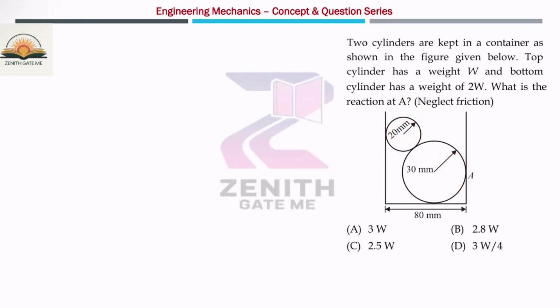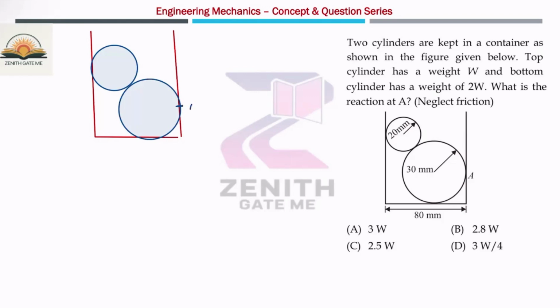Okay. So let us suppose these are the two cylinders, which are making contact at point A, and this point I'm just considering C. Let us suppose this point is D and this point is B. So the radius of both cylinders is given.